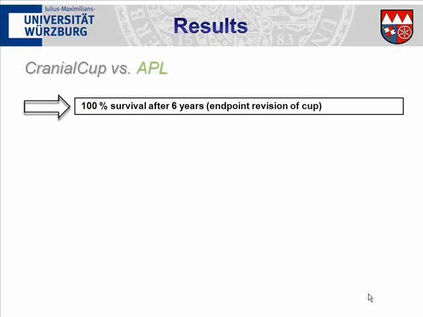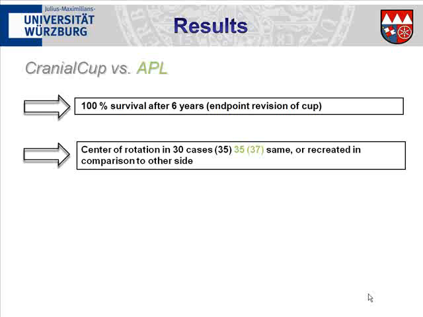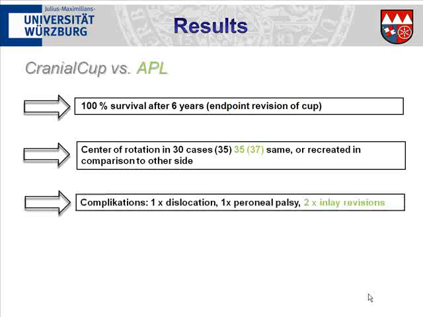And in this 6-year evaluation period, we had a survival of 100% of the patients in both groups. We had a restoration of the center of rotation in 30 cases in the first group, in the cranial cup group, versus 35% patients in the plasty group, which was equal in both groups, basically.